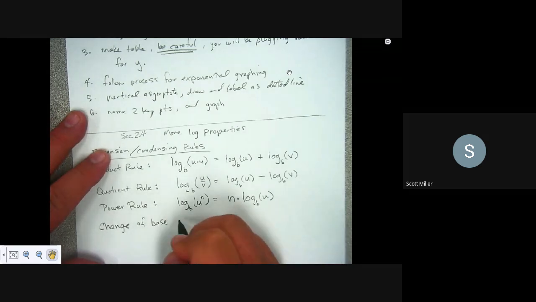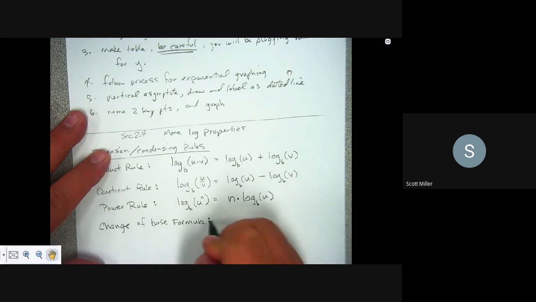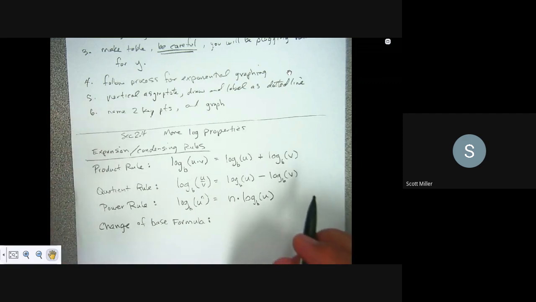Another rule that you need to know: some calculators do not have the ability to do every base. So you would need a change of base form. Our calculators will allow us to type in log base 3 of a number, but not all calculators do.